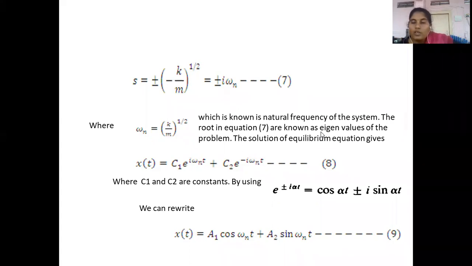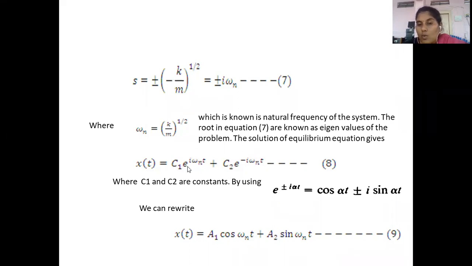आता आपण बघा, equation number 2 काय होतं, that was mx double dot plus cx dot plus kx equal to 0. For solving this quadratic equation, we have put x of t equal to e raised to st. Here s is the variable, and c1, c2 are the constant parameters. We got the value of s as s1 and s2, so x of t becomes c1 into e raised to s1t plus c2 into e raised to s2t. s1 ची value काय आहे?